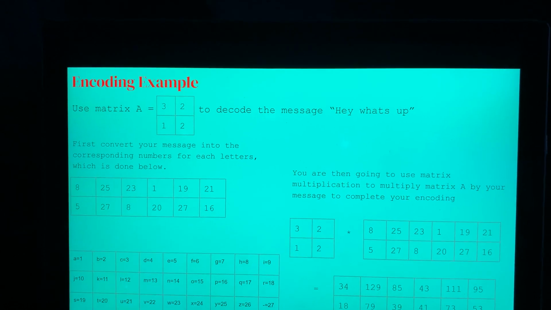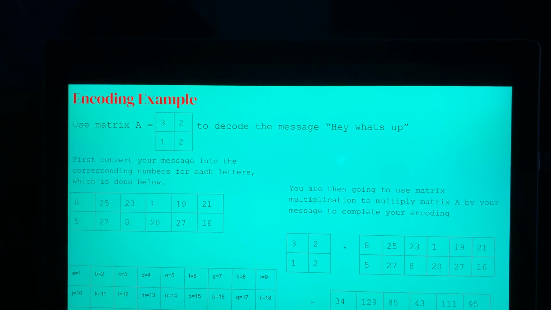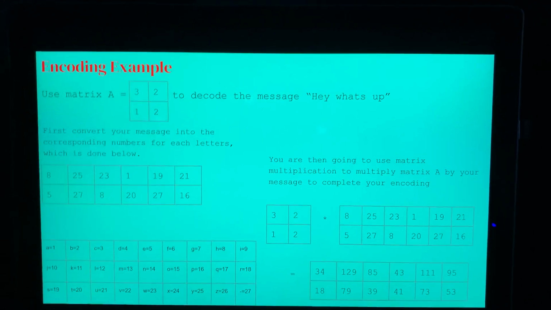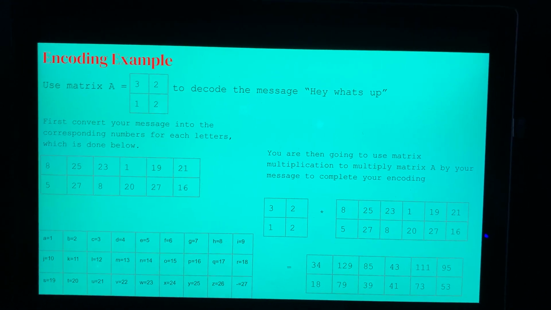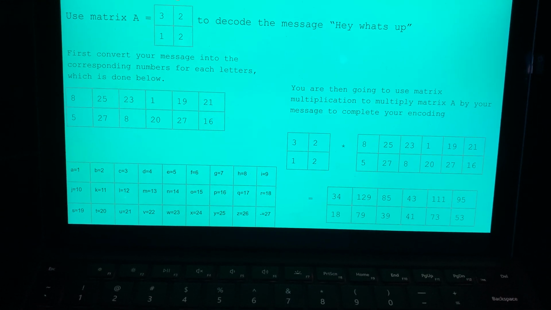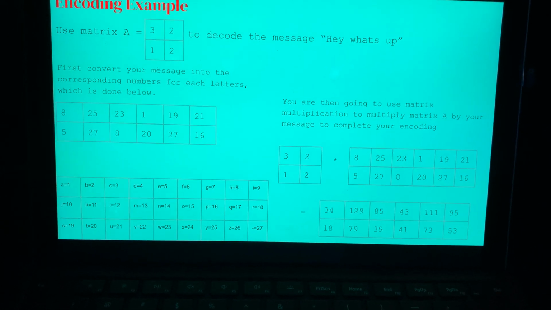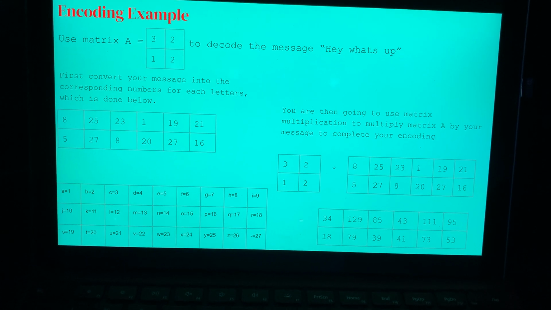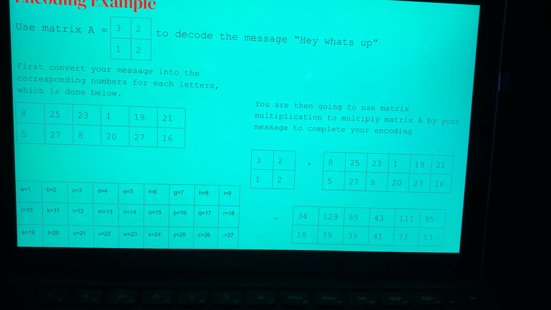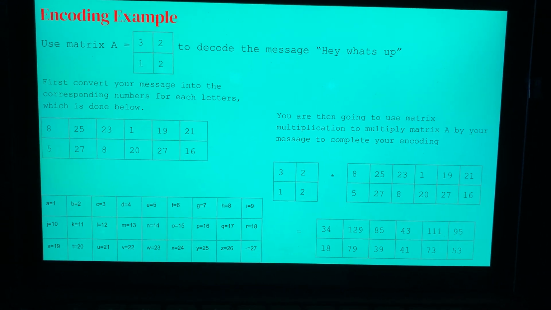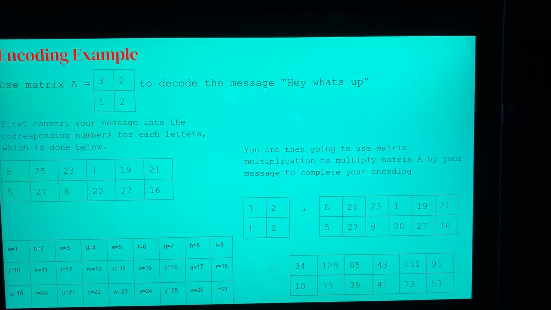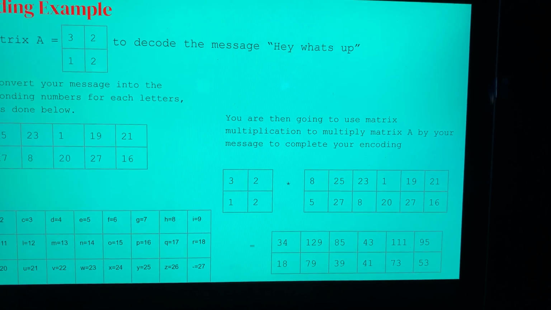So here's an example of this. We use matrix A equals 3, 2, 1, 2 to encode the message, hey, what's up? So first we're going to take our message and convert it into the number values. So H equals 8, E equals 5, Y equals 25, and then the space in between is going to be 27, then W, H, A, T, S, then another space, and then U, P. Then you're going to use matrix multiplication to multiply matrix A by your message to complete your encoding.